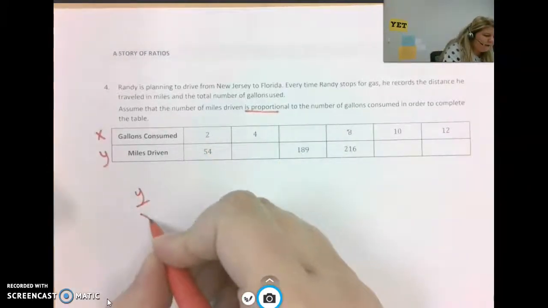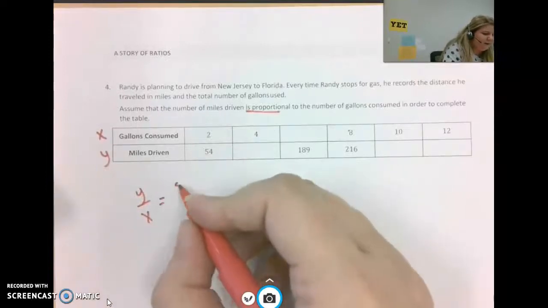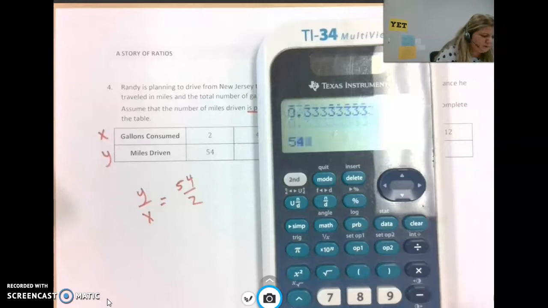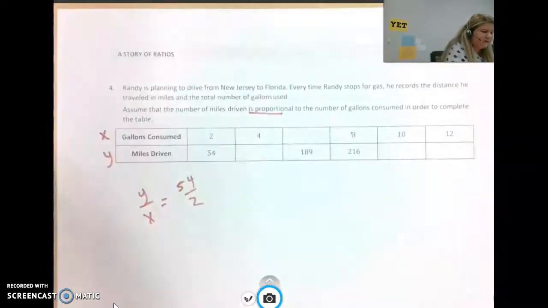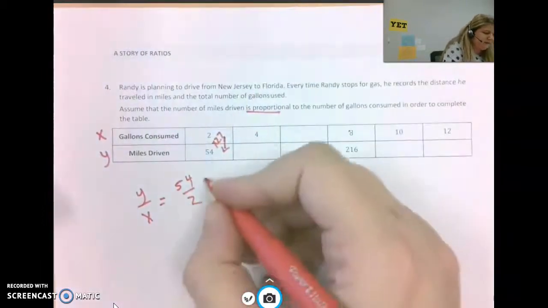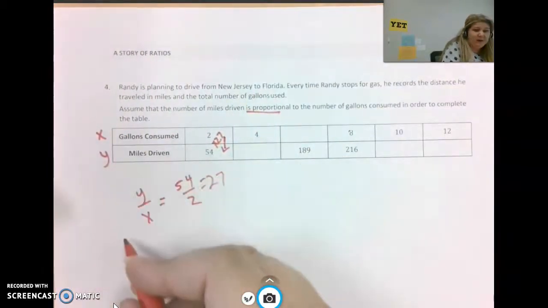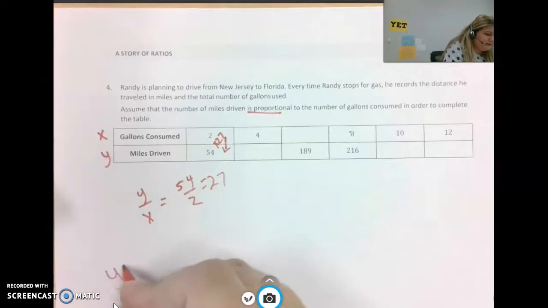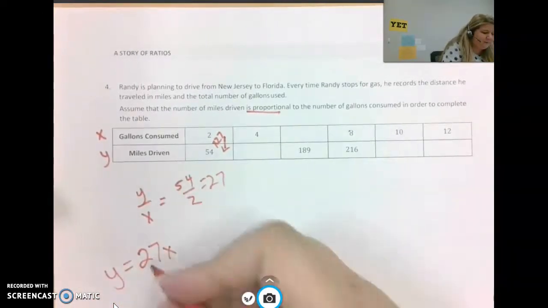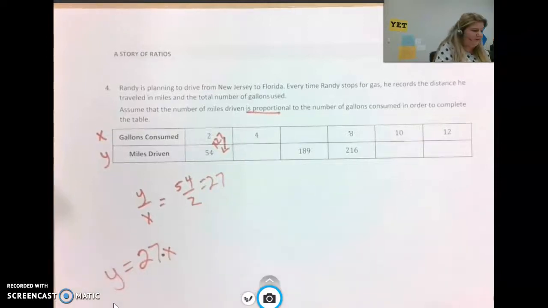We're going to do y divided by x to find our unit rate. So that's 54 divided by 2. 54 divided by 2 is 27. So that means I'm multiplying by 27. If I wanted to write an equation, I could say to get to y, I do 27 times x. And I could put my little multiplication dot there if I need it.